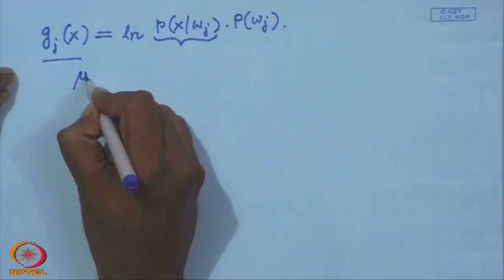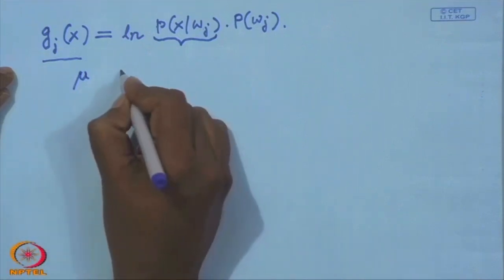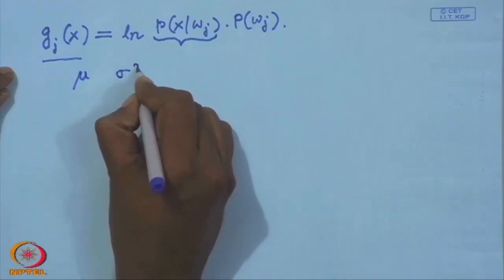For a Gaussian distribution, you know that the probability density curve is entirely defined by two parameters. One is the mean mu, and the other is the variance, sigma square.